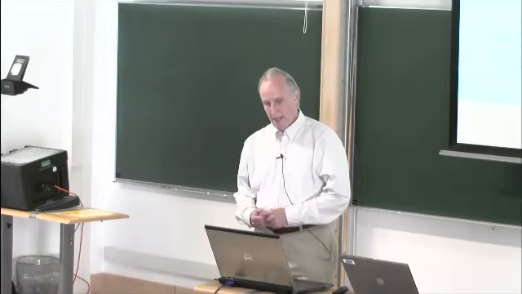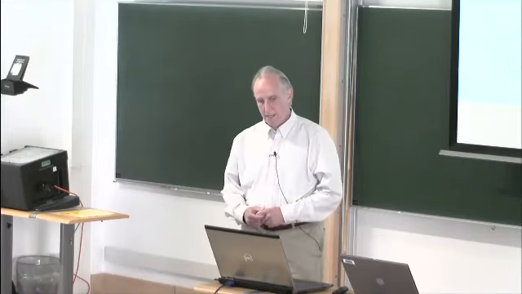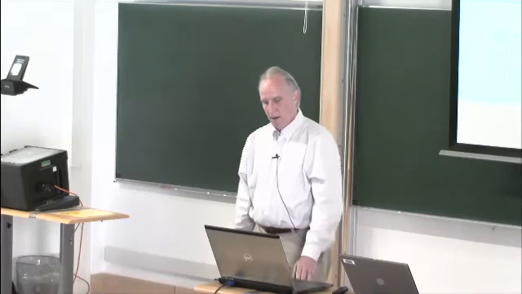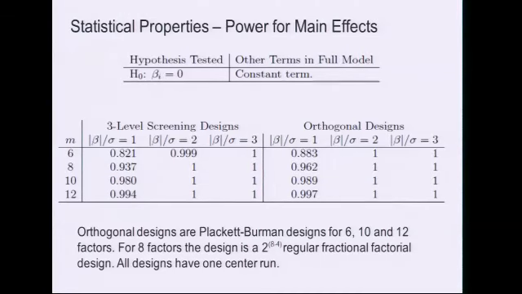And you can see that uniformly the orthogonal designs are slightly more powerful for estimating fixed effects, the main effects of the model. That's because each column in our matrix has three zeros, whereas in the orthogonal design, each column only has 1 zero.